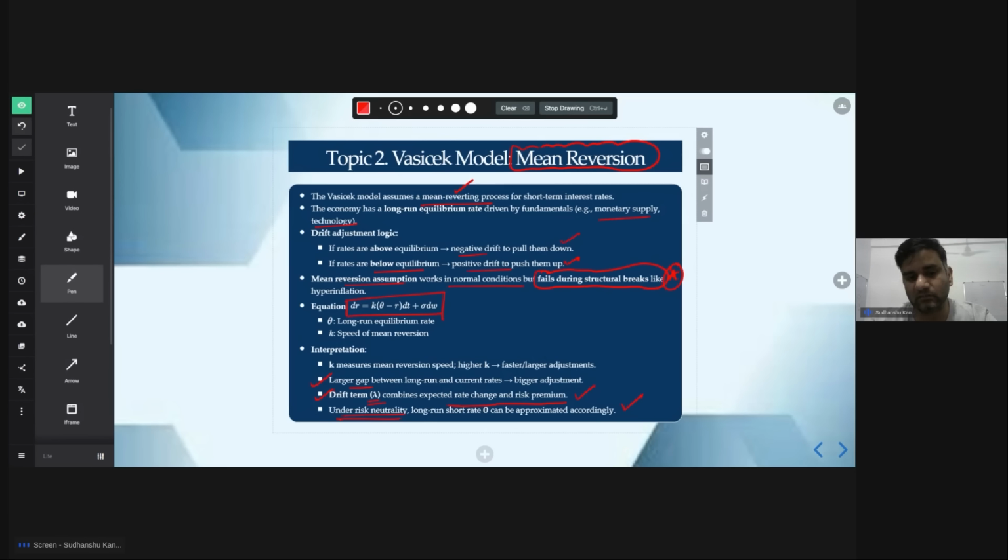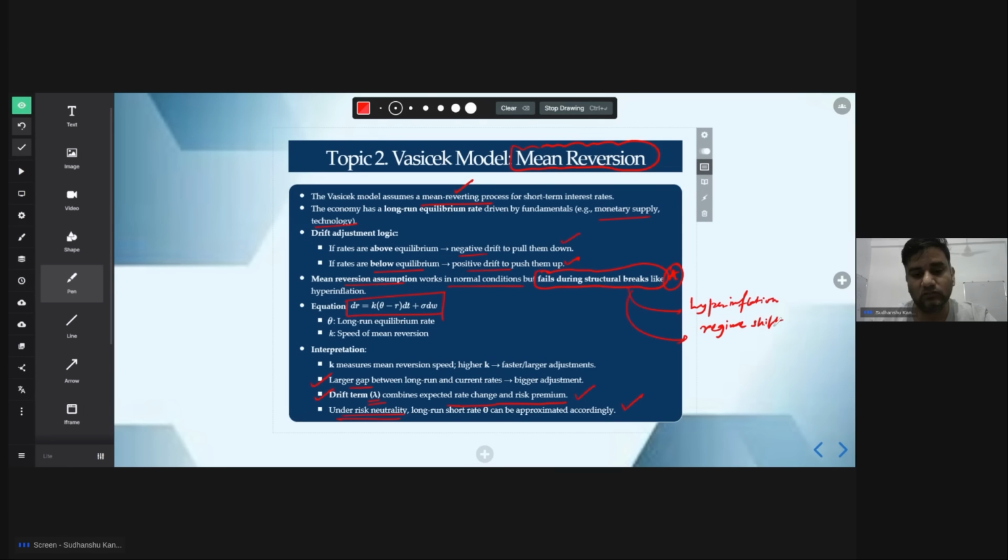There are structural breaks like hyperinflation and regime shifts. Please understand, structural breaks are not only crisis, they can be a regime change or regime shift. So whenever there is a structural break, this model will not work.